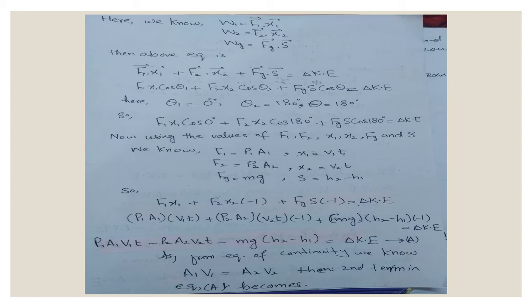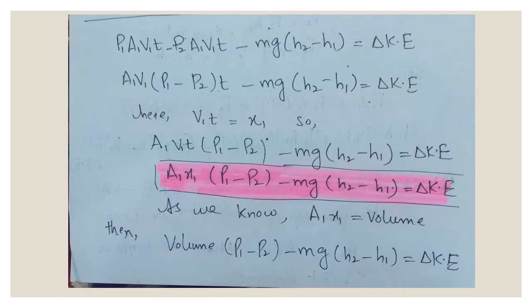As from the equation of continuity, we know that A1 V1 is equal to A2 V2. So the second term becomes P1 A1 V1 t minus P2 A1 V1 t minus mg into h2 minus h1 is equal to delta KE, that is the change in kinetic energy.